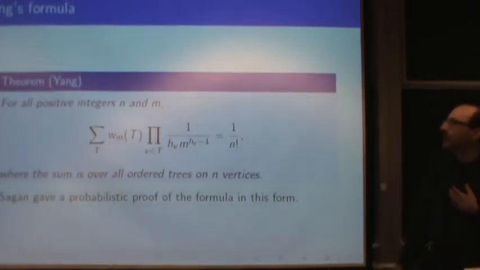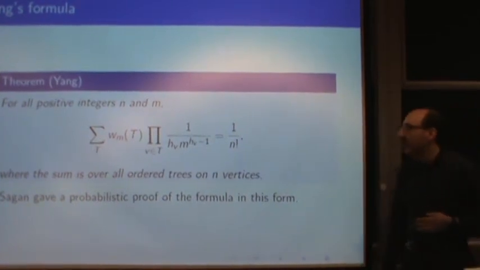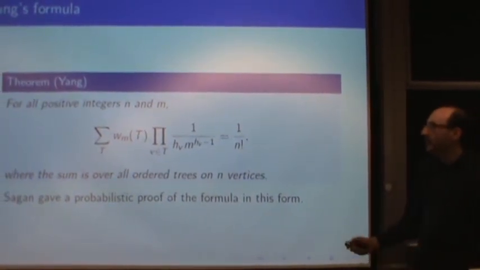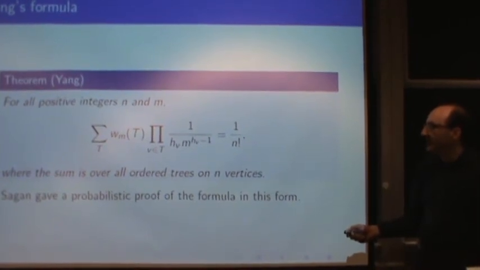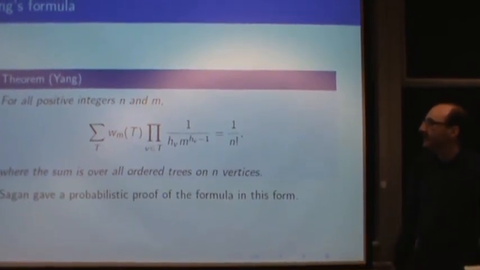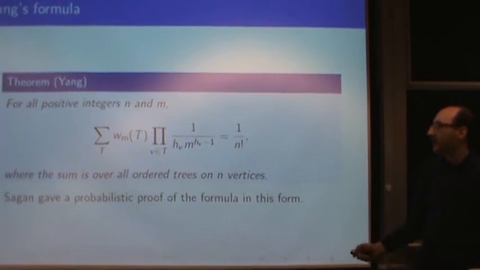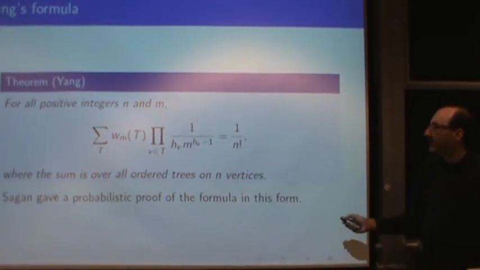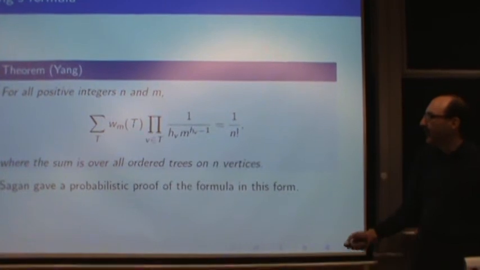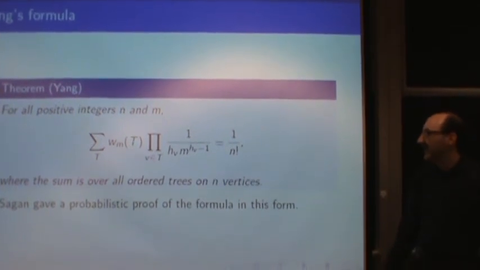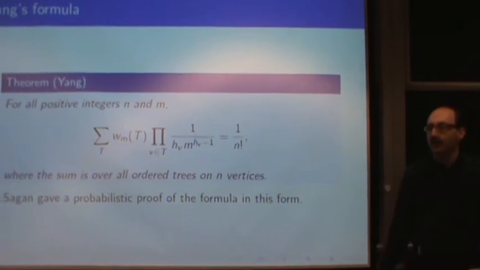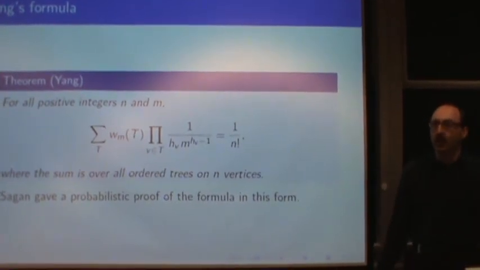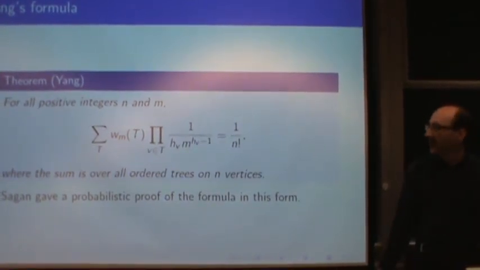So here's Yang's formula as she originally stated it. The sum over all ordered trees on n vertices, of the weight times the product over vertices of 1 over the hook length times m to the h_v minus 1, is equal to 1 over n factorial. And Sagan's probabilistic proof originally was for the formula in this form.